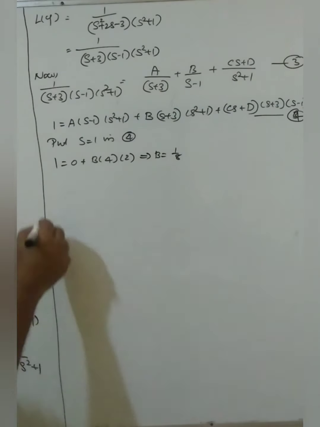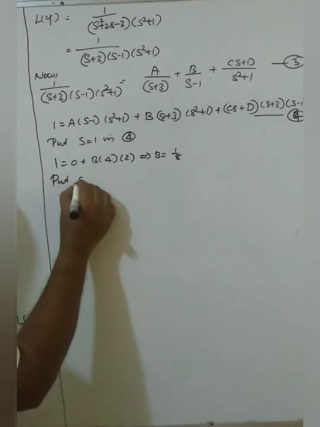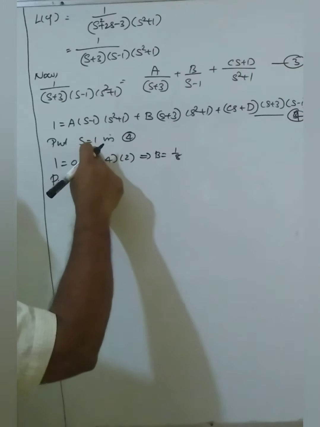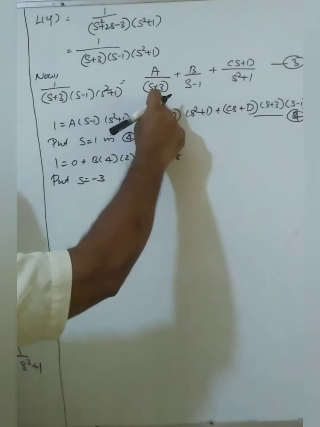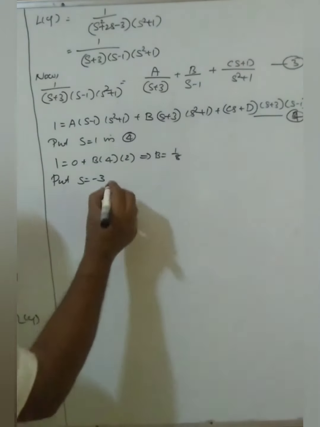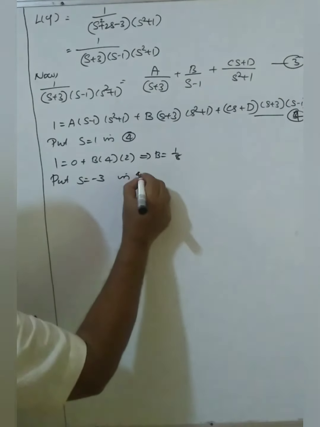Next put s is equal to minus 3. Here we had s minus 1, that is why we put s is equal to 1. Here s plus 3, so we put s is equal to minus 3 in equation number 4.